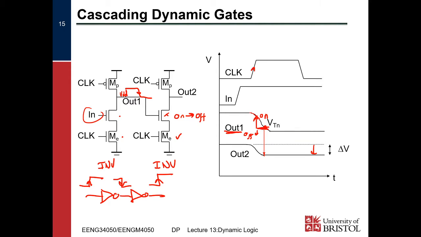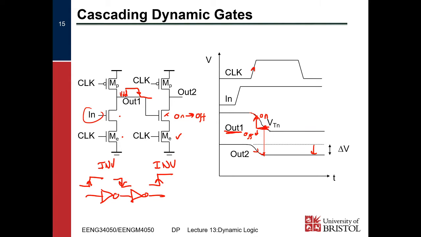Depending on how long it takes out 1 to discharge down to VTN. Obviously, as it gets closer to VTN, this transistor gradually shuts off. It's not a binary switch, as we saw, but for the most part we've got constant current going through here, and it's only near this end that it really starts to level off.